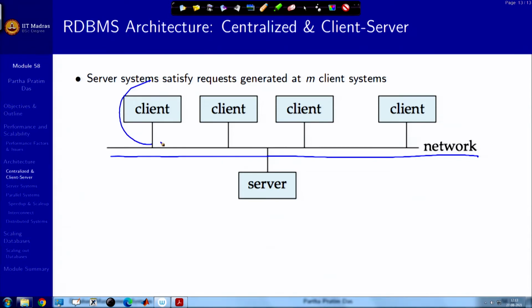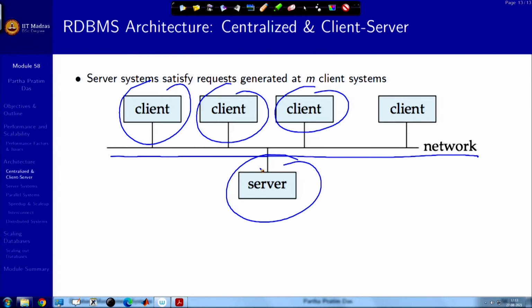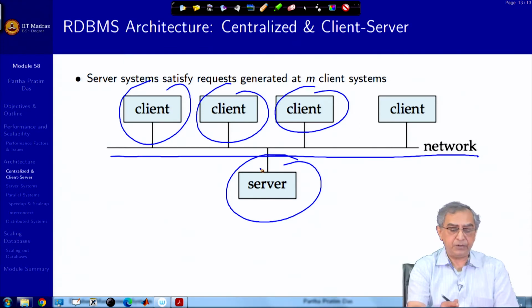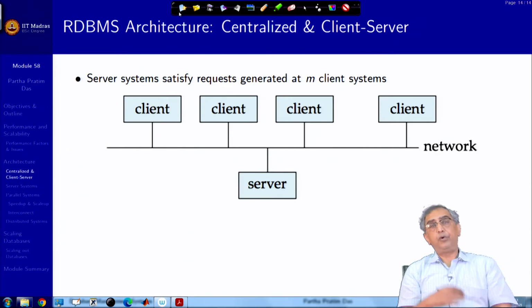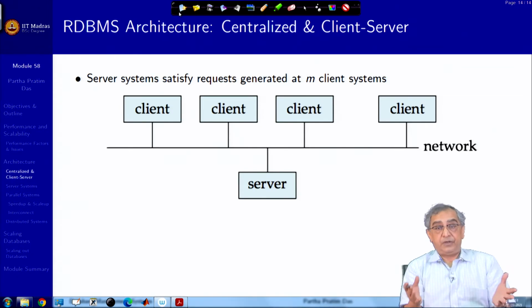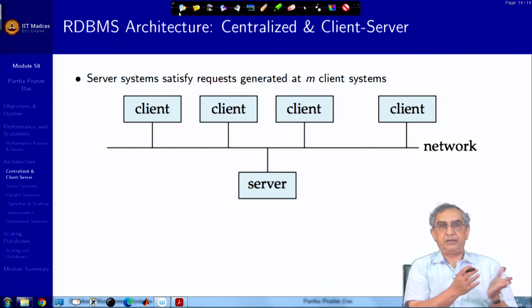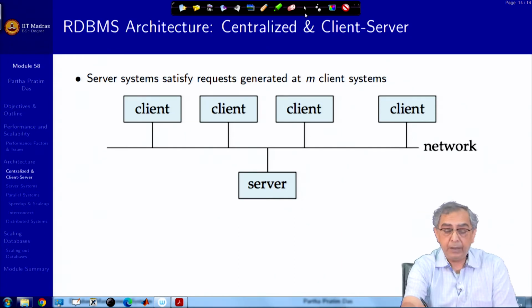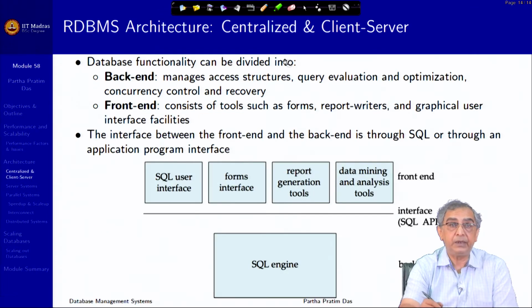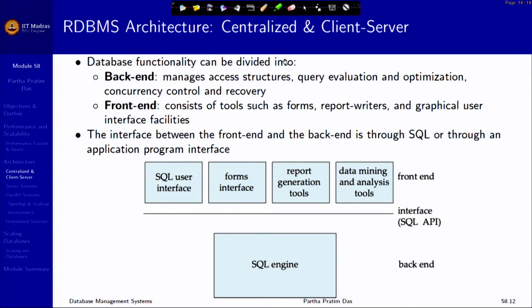So, you may have different user clients running on one side of the network and one or more servers running on the other side of the network which provide the services, which makes things a little bit more scalable. Actually, this is the first step in scalability, that you can have more servers, you can have more clients and scale the system compared to the centralized system and work in a better manner, and all that we have discussed so far is primarily based on the client server system.